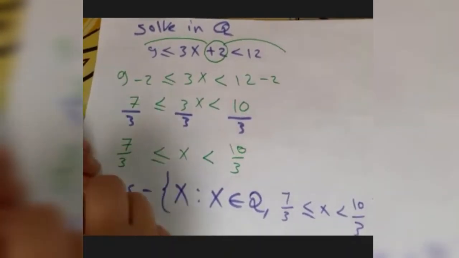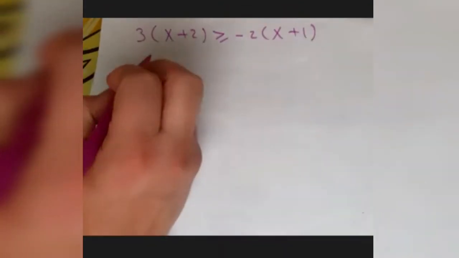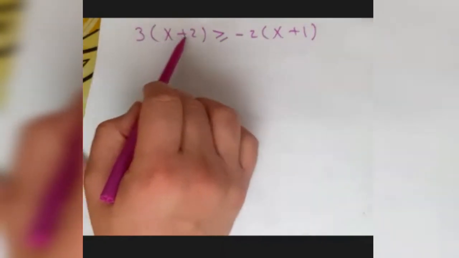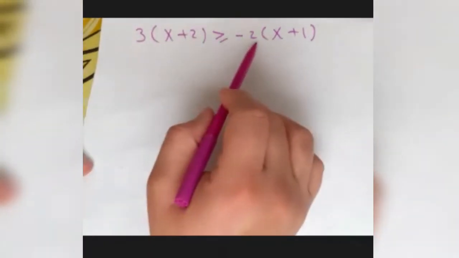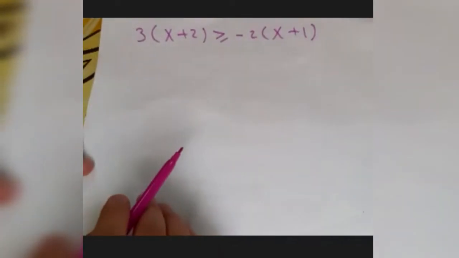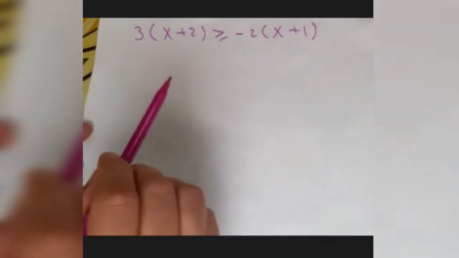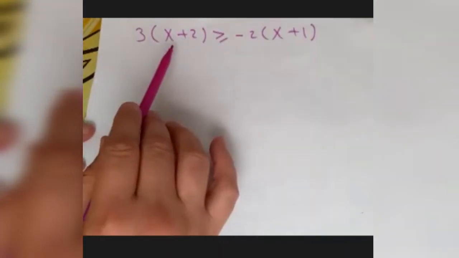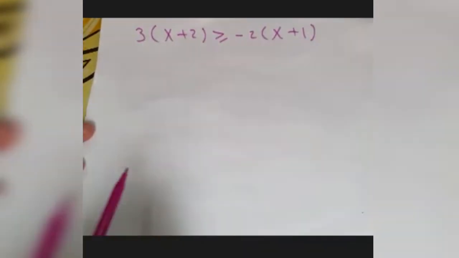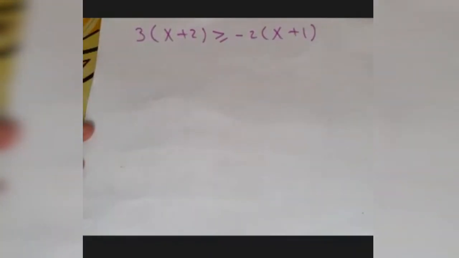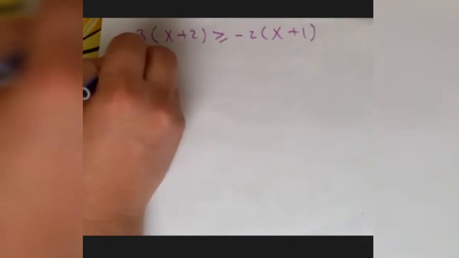Another example. In this example, 3 bracket x plus 2 greater than or equal to negative 2 bracket x plus 1. You know that we must use the distributive property on the two sides. 3 multiplied by x plus 2 means 3 times x, 3x, plus 3 times 2 equals 6.